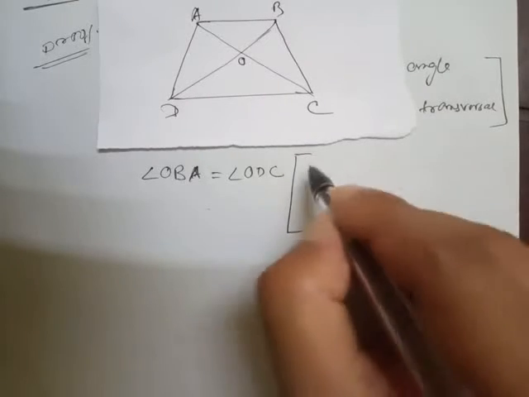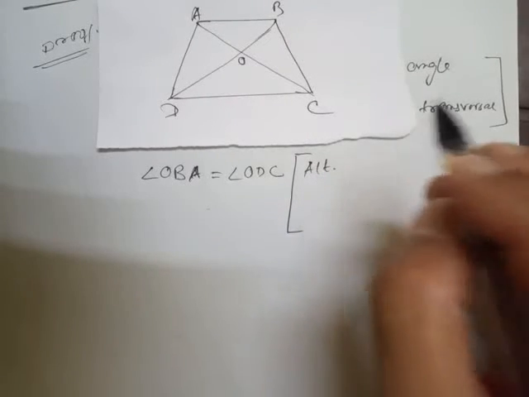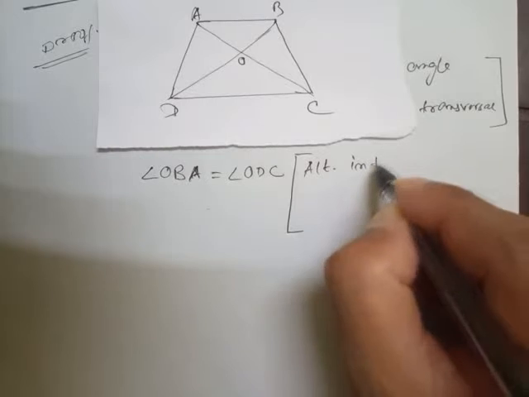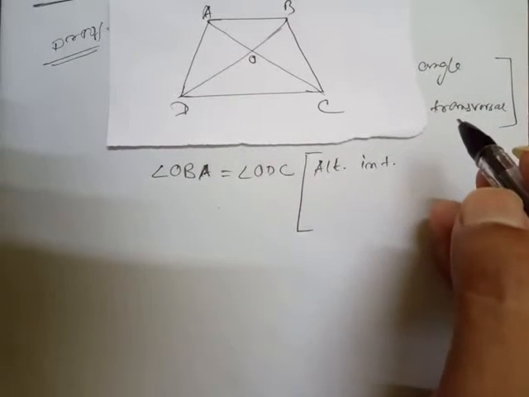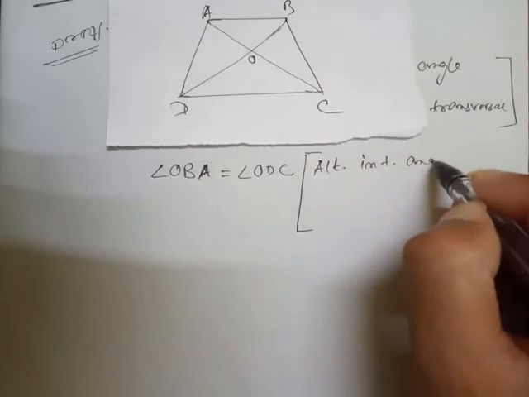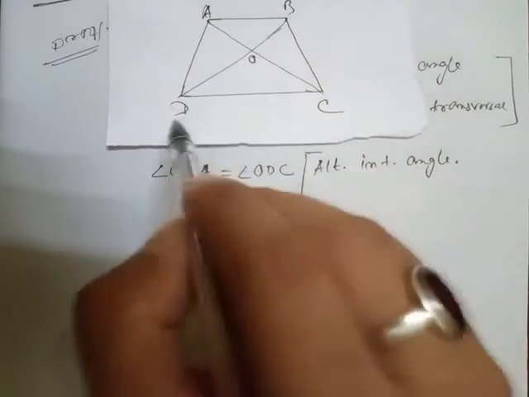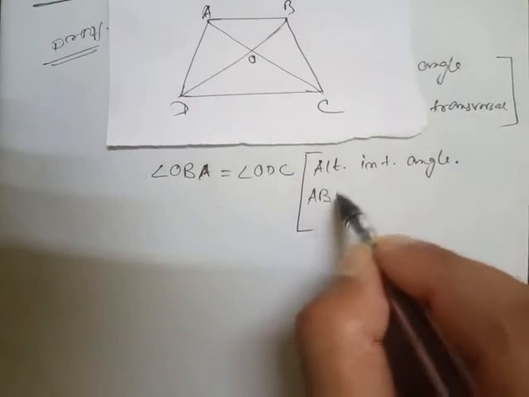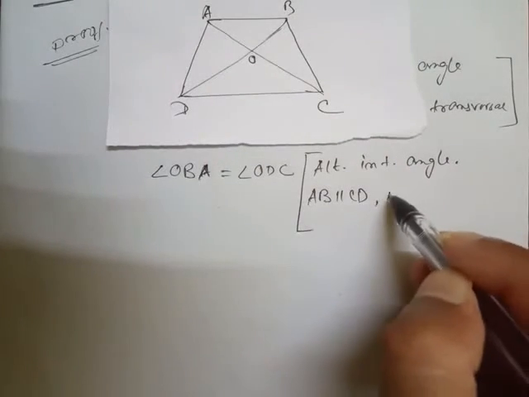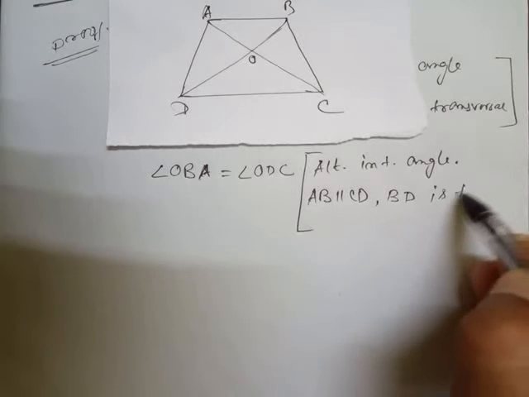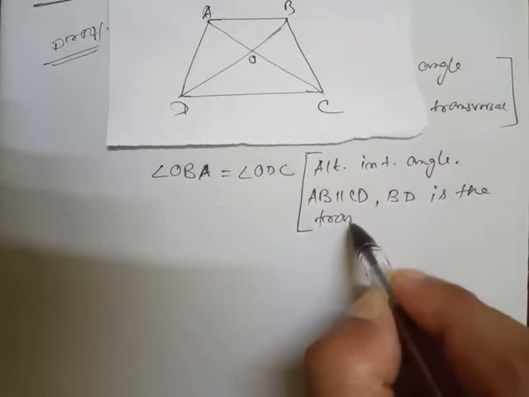Same reason, alternate interior angles. The reason is that AB is parallel to CD, but here BD is the transversal. So we'll write here: BD is the transversal.